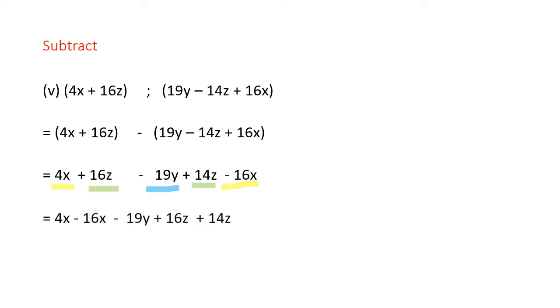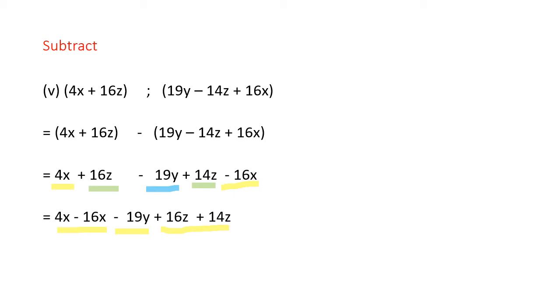So in the next step, we have written the like terms together. So 4 minus 16x along with the signs, then 16 minus 19y. After that we'll write down, because after x comes y, and then finally we'll write down z, 16 and 14. Okay, now 4 minus 16.